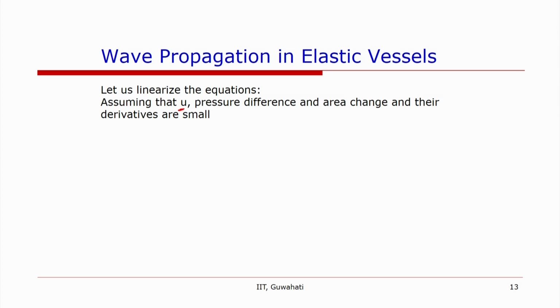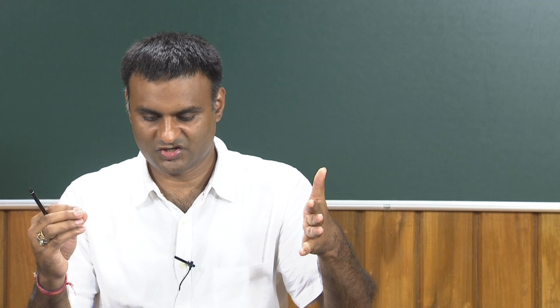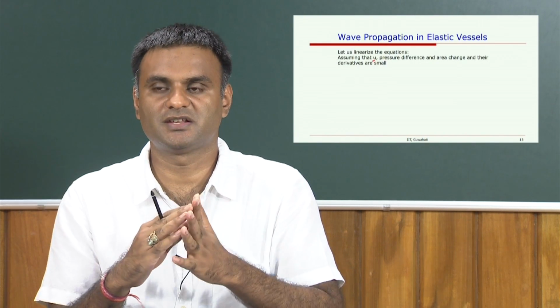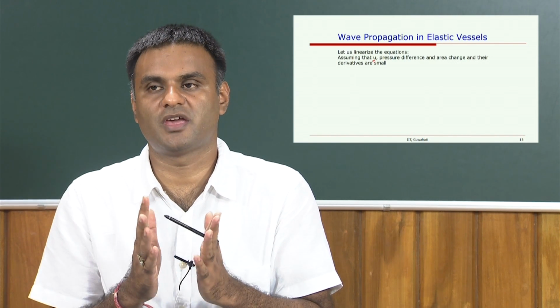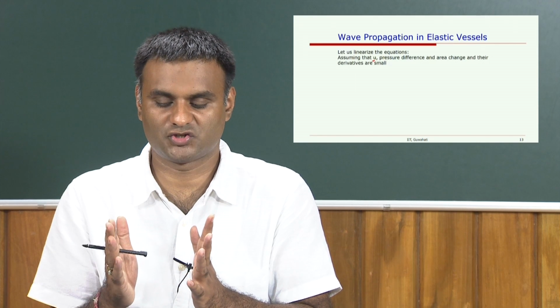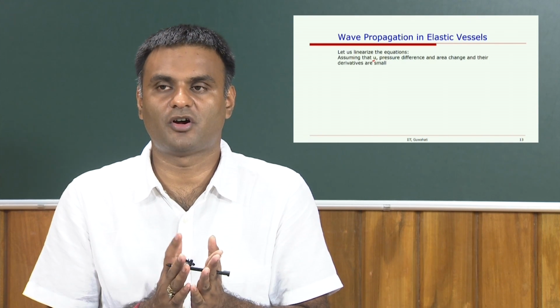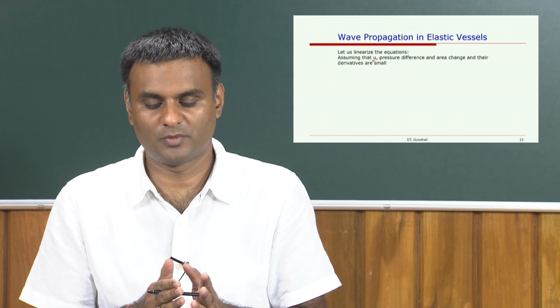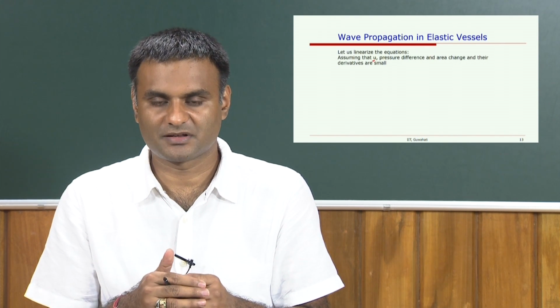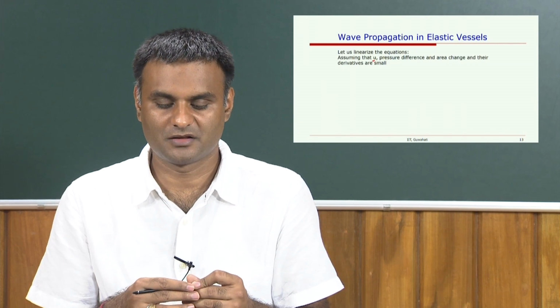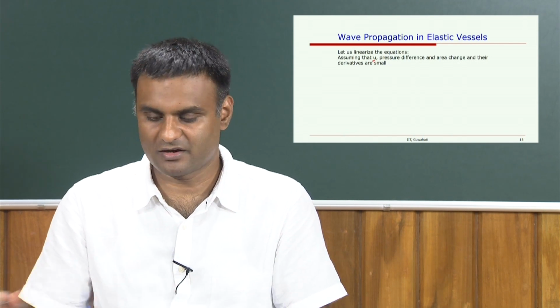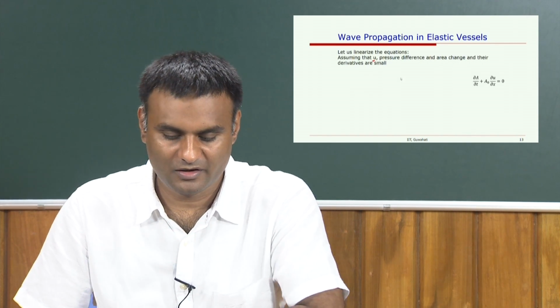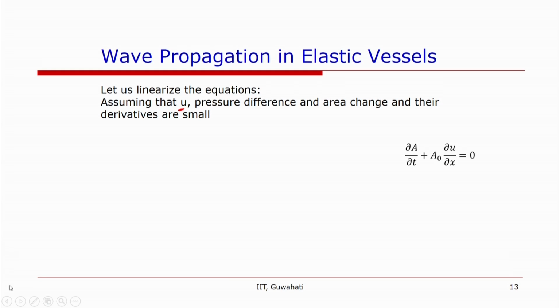If the area is A naught at the entrance of the tube, or at the start, and A is the area which is changing with the distance, then A minus A naught is small. And the derivatives, del U by del x, del P by del x, and del capital A by del x, are all small. So under these assumptions we will try to simplify the equations.